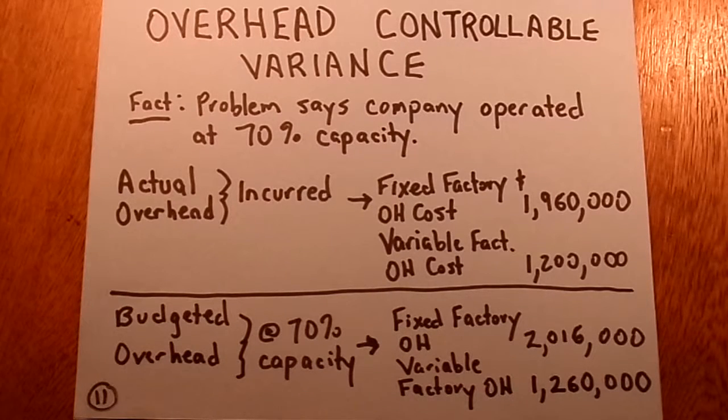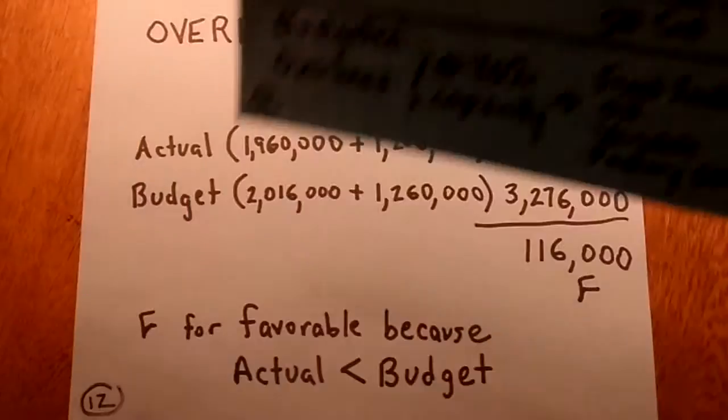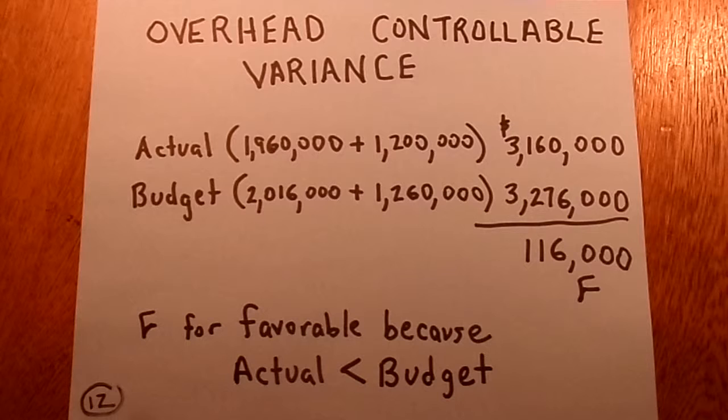So then we have fixed factory overhead, $2,016,000, variable factory overhead, $1,260,000. So our overhead controllable variance, the actual overhead is $3,160,000, just arrived at by taking the $1,960,000 fixed factory overhead plus the $1,200,000 variable factory overhead.